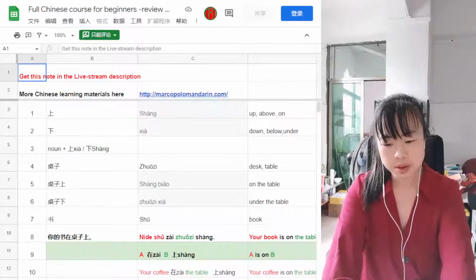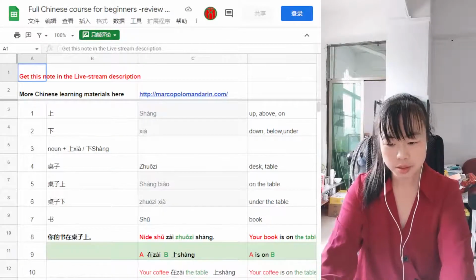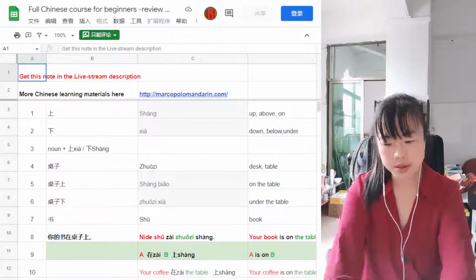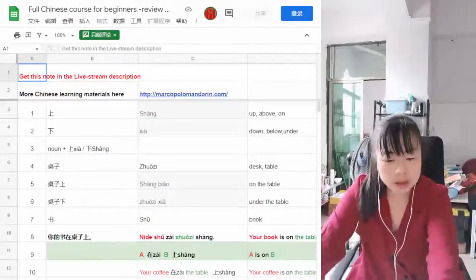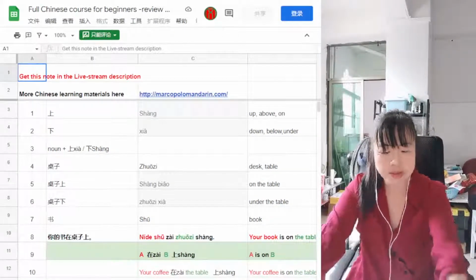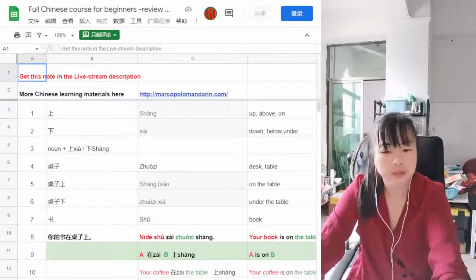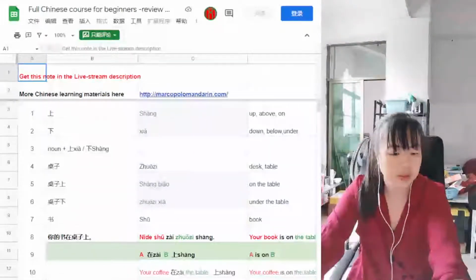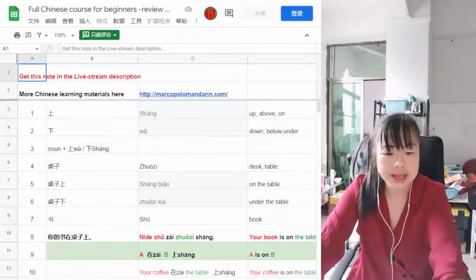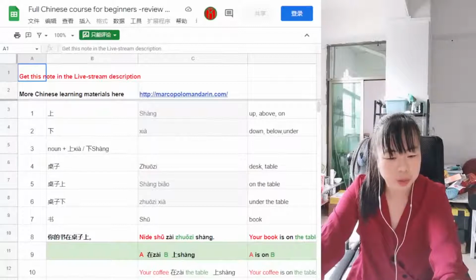To the right or left. Okay, so I'll give you the pattern first and the pinyin. A 在 B 的左边 or A 在 B 的右边.